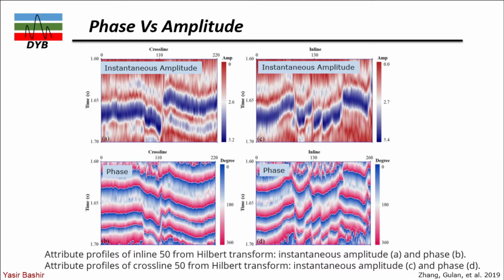You can see how beautifully it has resolved the edges of this reflector. It's already illuminated more. And even if you look at the faults, the fault in the amplitude spectrum appears to be quite prominent. But in the phase spectrum, we are looking for some other attributes.